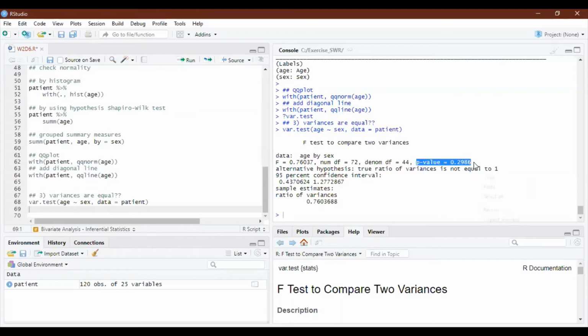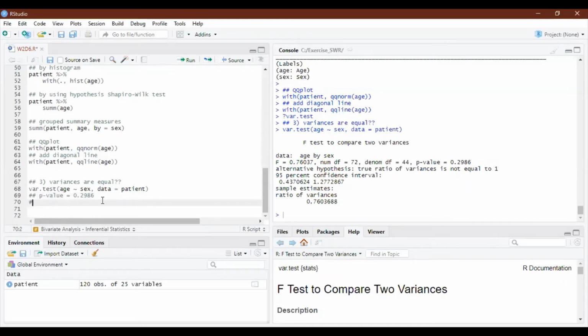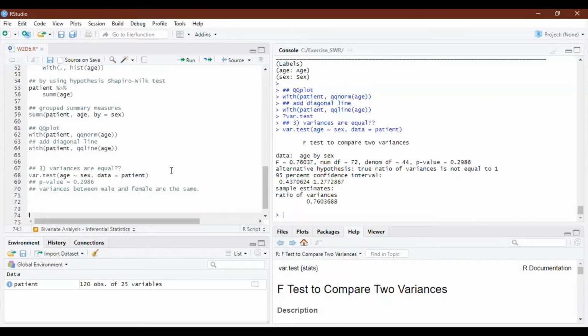Okay, we are going to copy this. So let's say the p-value is equal to 0.025. So we know that the variances between male and female are the same; you can just say the variance assumption matters.